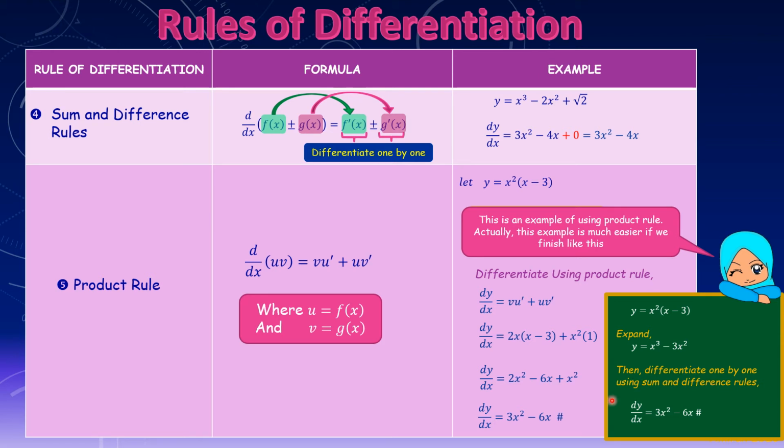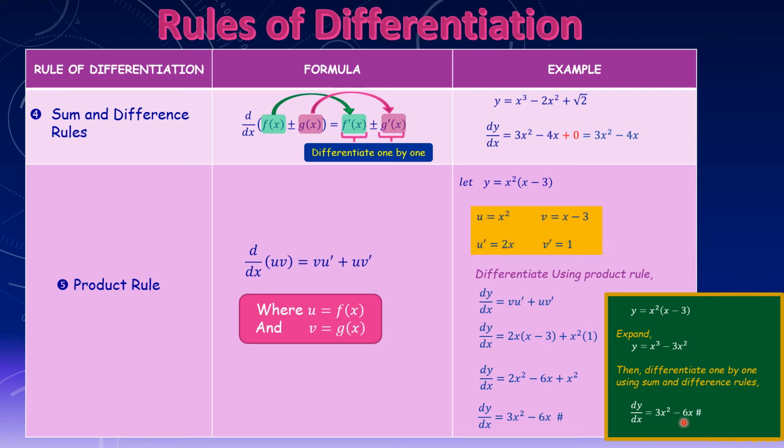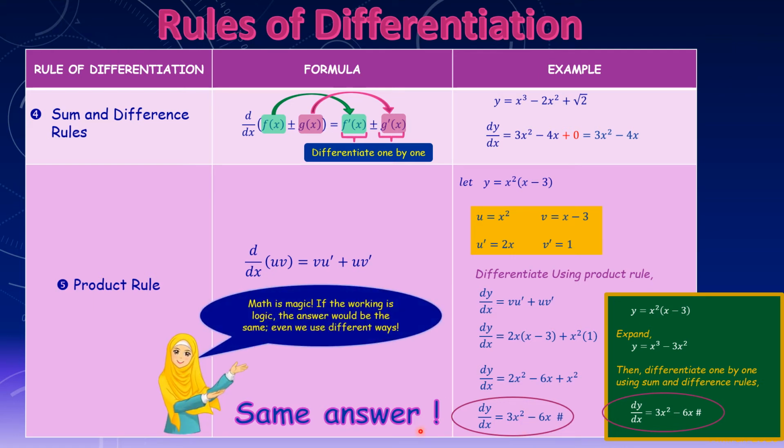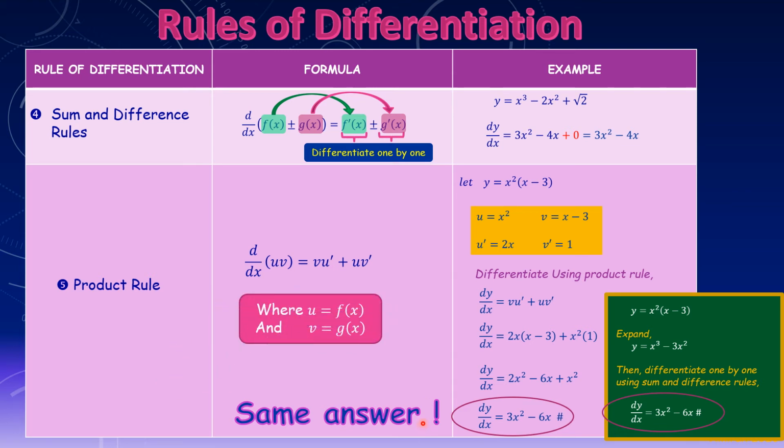So the final answer for the derivative is 3x squared minus 6x. When we compare with using product rule, we have the same answer. Math is magic. If the working is logical, the answer would be the same, even if we use different ways.